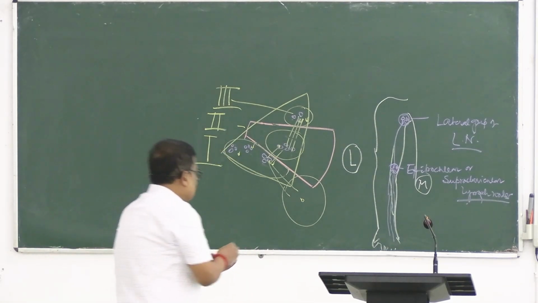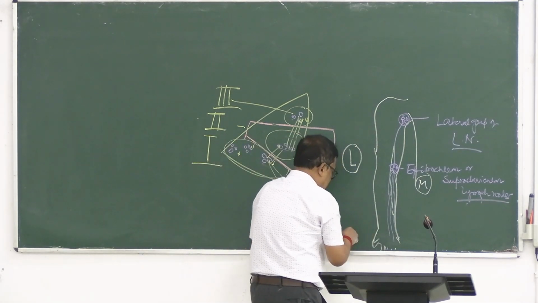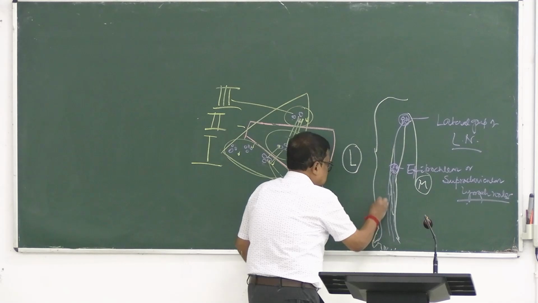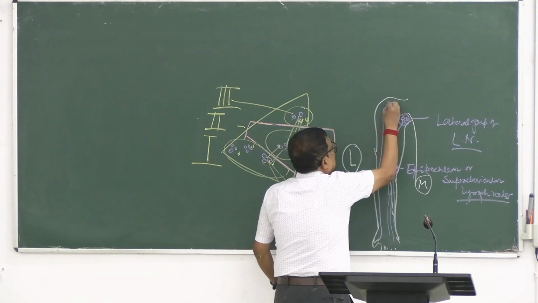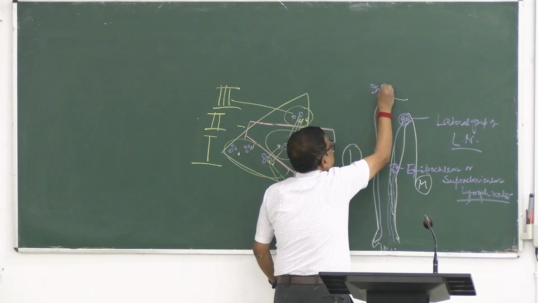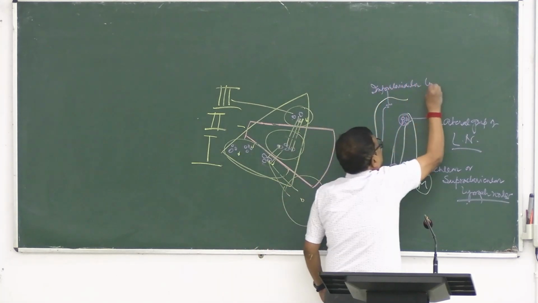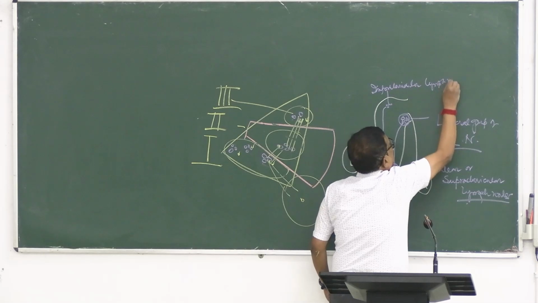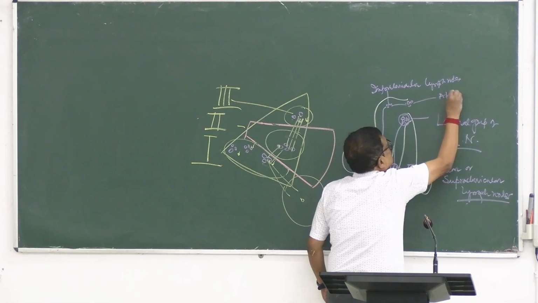And the lateral side of the hand, thumb and index finger, initially drain to the infraclavicular lymph nodes, and ultimately to the apical group of lymph nodes.